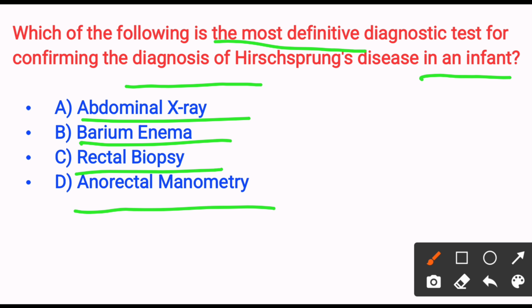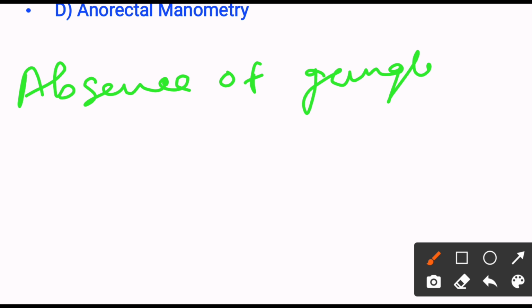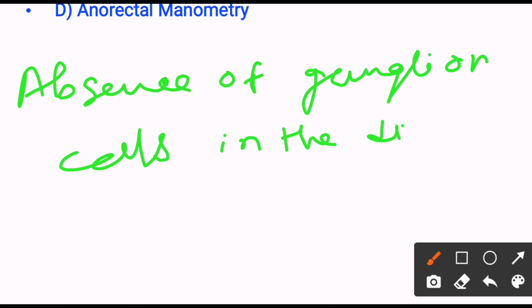The answer is option C, rectal biopsy, because Hirschsprung disease is characterized by the absence of ganglion cells in the distal colon.